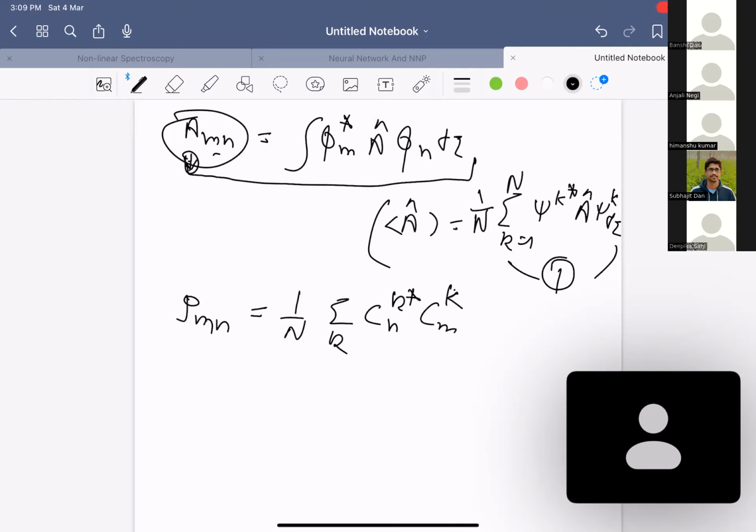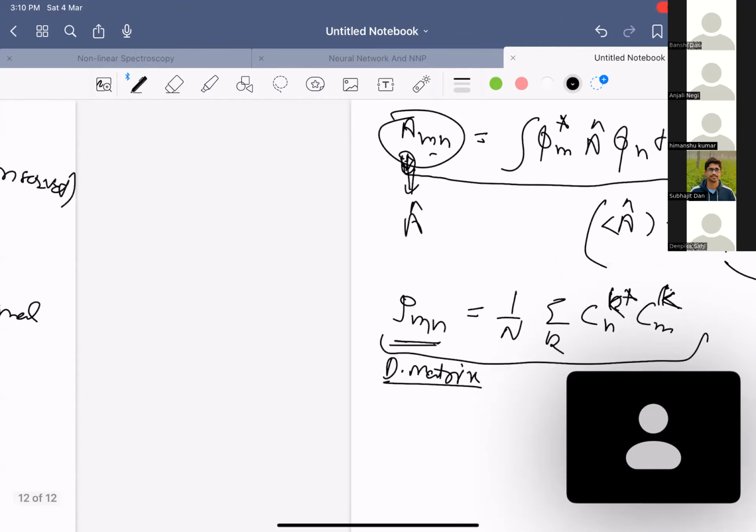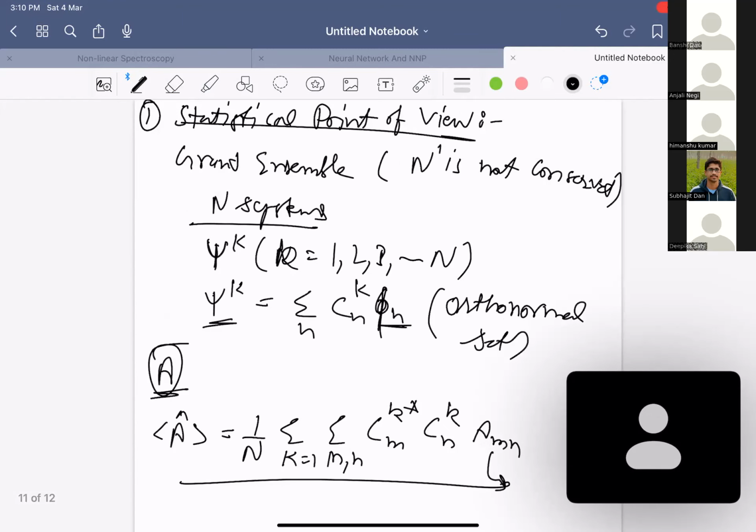Actually, sometimes I write this otherwise. These are the matrix elements of the operator, and these are the matrix elements of the density matrix.